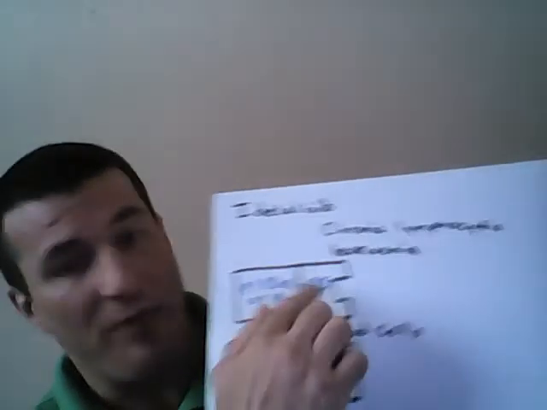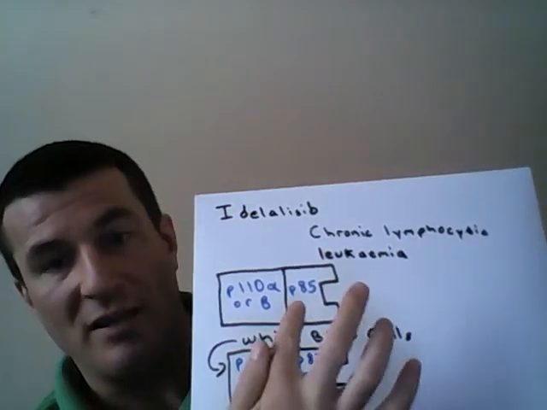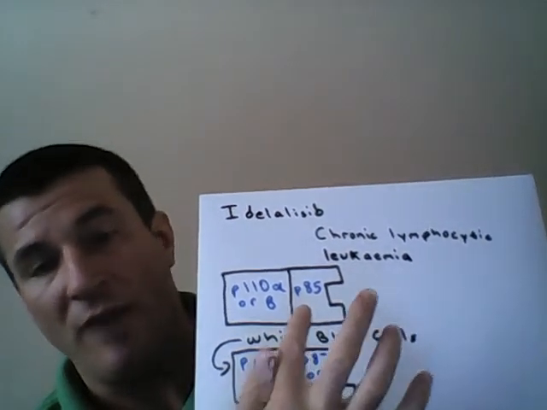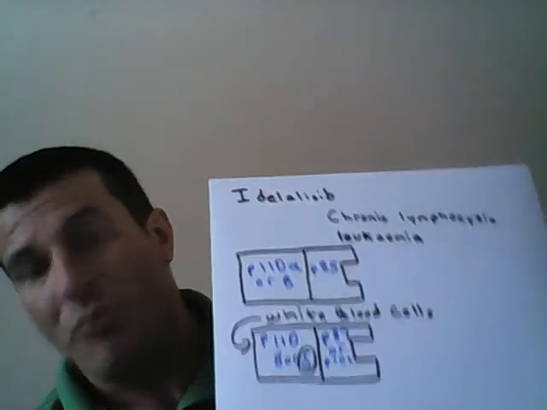A dalton is equivalent to 1 proton in mass. So this 85 here is saying this is equivalent to 85,000 protons in mass on an equivalency scale. So that's what those numbers mean. They're not random numbers thrown out there.